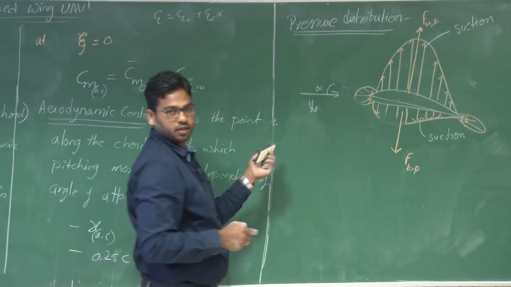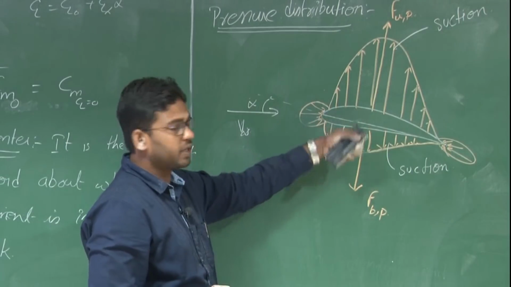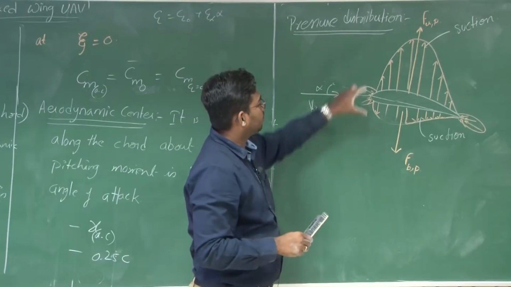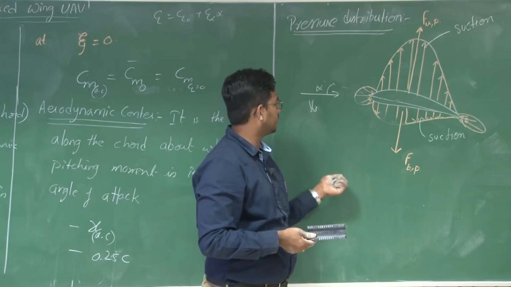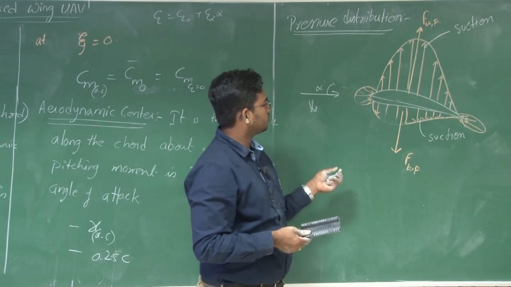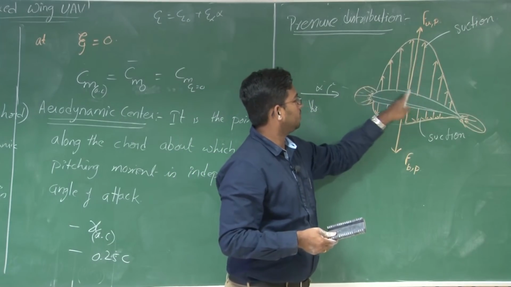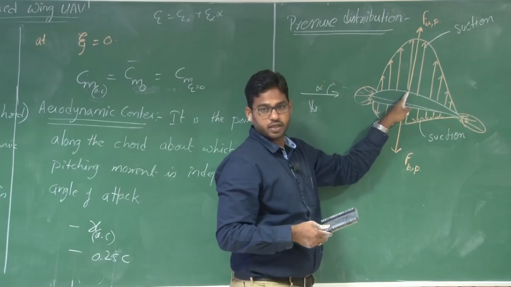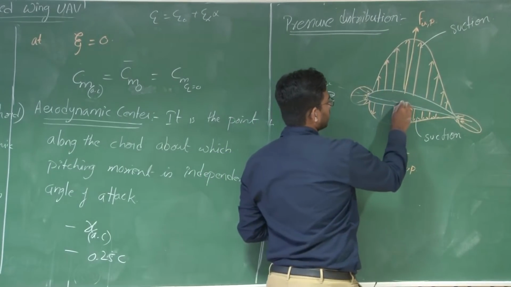At 0 angle of attack, for a symmetric aerofoil, what happens? The upper surface distribution and bottom surface distribution become equal and it is 0. This resultant integrated force will act at a particular point on the chord line.